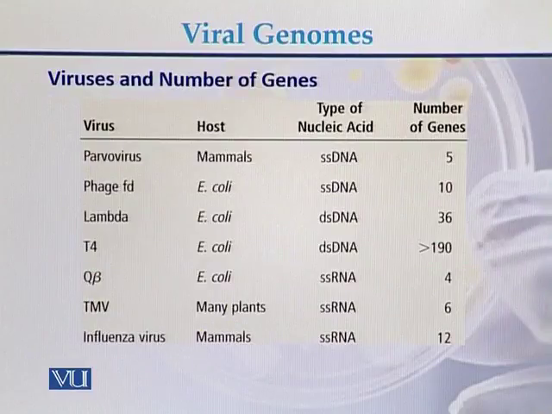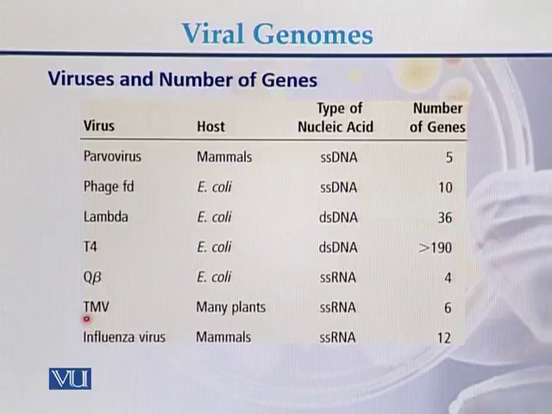Here we can do a comparison between the viruses and the number of genes which are present on the genome of those viruses. The example is parvovirus. The hosts are mammals. The type of genome is single-stranded DNA, and the number of genes present in parvovirus is 5. Lambda is a double-stranded DNA virus and the number of genes is 36.